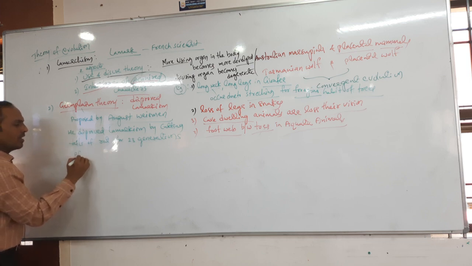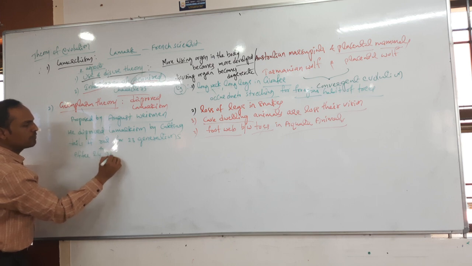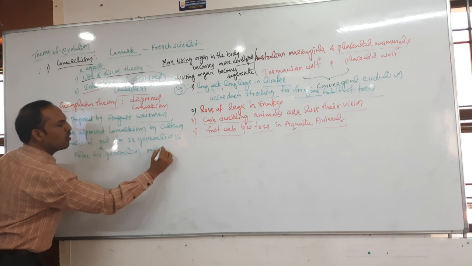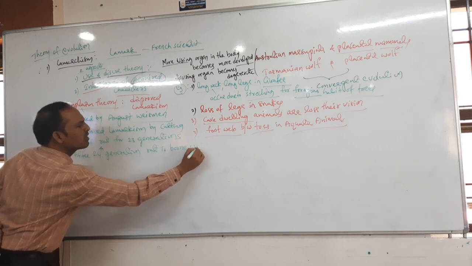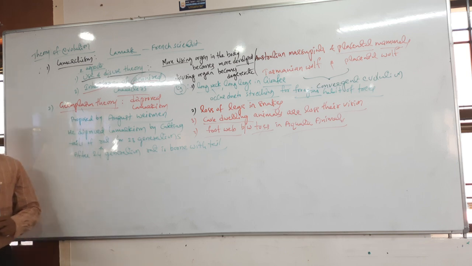After the 24th generation, the rat is born with the tail only. According to Lamarckism, suppose that part is not used, it will be degenerated, okay?